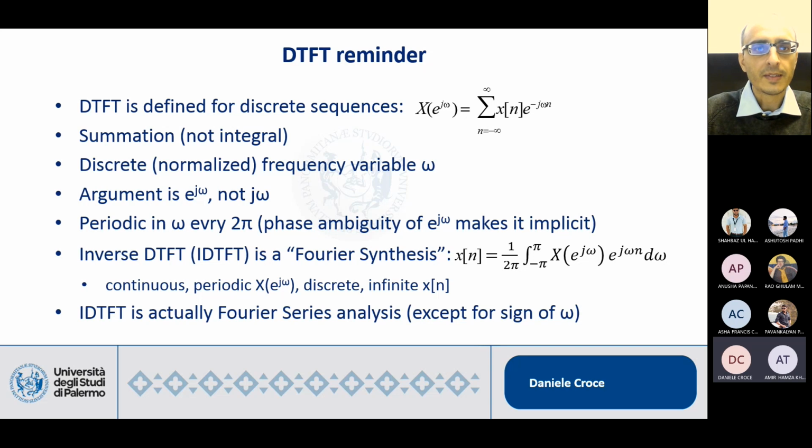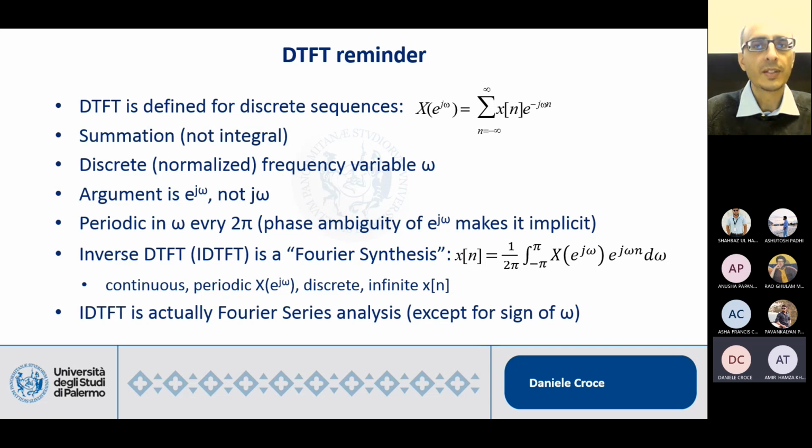As a reminder, this is the definition of the discrete time Fourier transform. Okay, it's the infinite summation of the sequence multiplied by e to the minus j omega n. Differently from the normal continuous time Fourier transform, this is an infinite summation and not an integral.